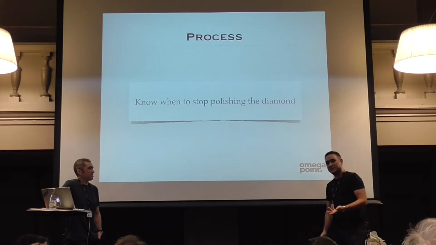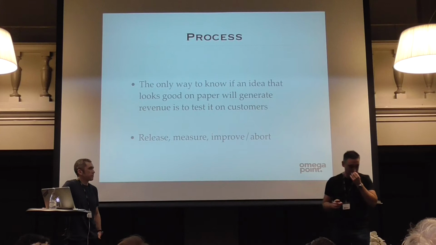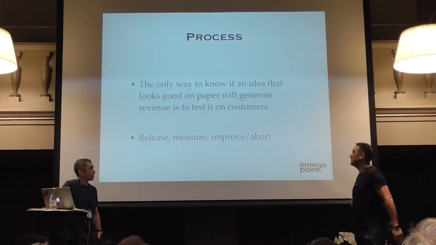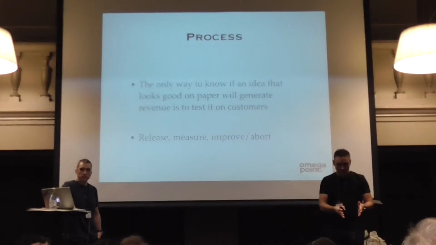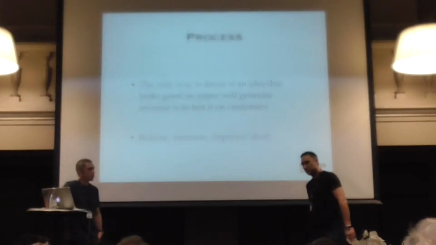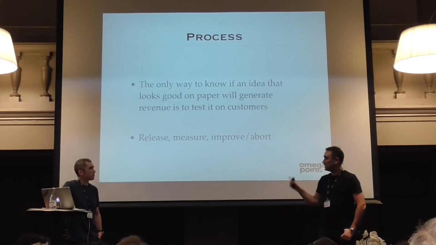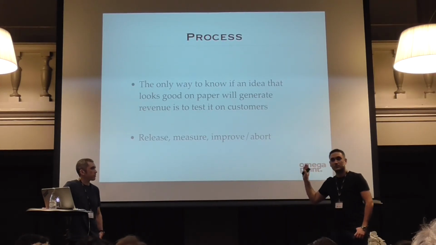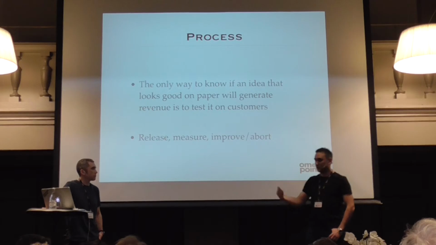And both those ideas are actually focusing on the same thing. You don't really know if an idea is going to end up making money until it's actually tested among the customers, right? So even though it looks great on paper, it needs to get out there in order to make revenue. So you should actually start thinking release, measure, improve, and perhaps abort. If you start polishing and polishing and polishing, and when it gets out there, it might be really costly because it turns out to be wrong.